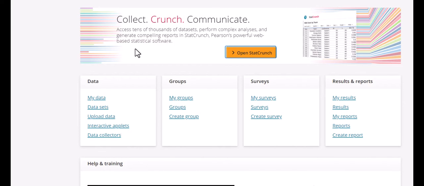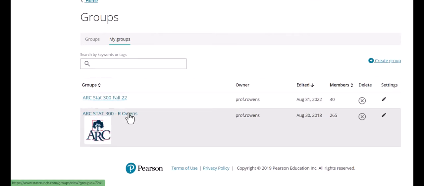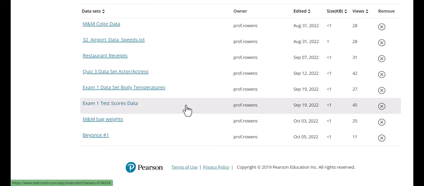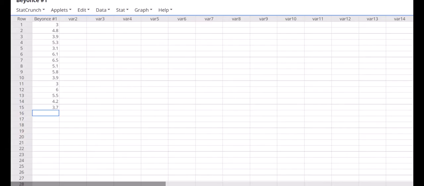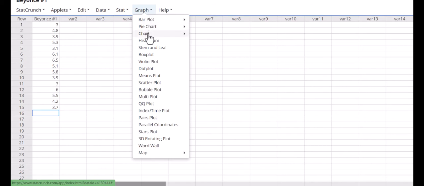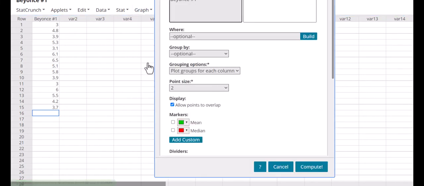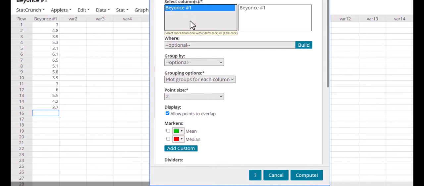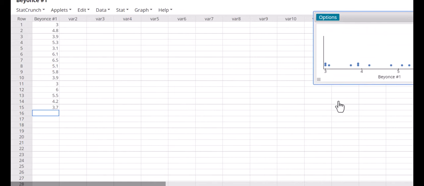Go to your My Lab, click on StatCrunch, and go to My Groups. Once you're in My Groups, select the ARC Fall 22 and then Beyonce number 1. Once you open the data, we want to graph and go to dot plot, then select our column, Beyonce, and select compute.